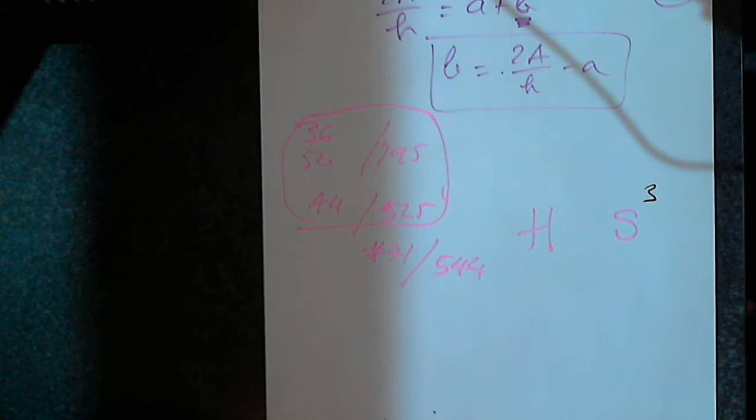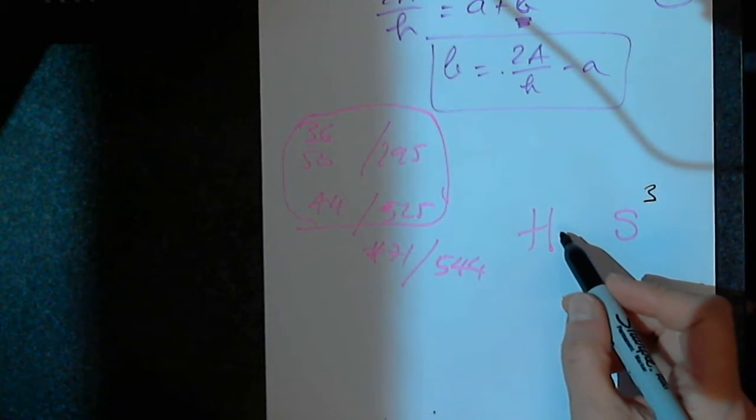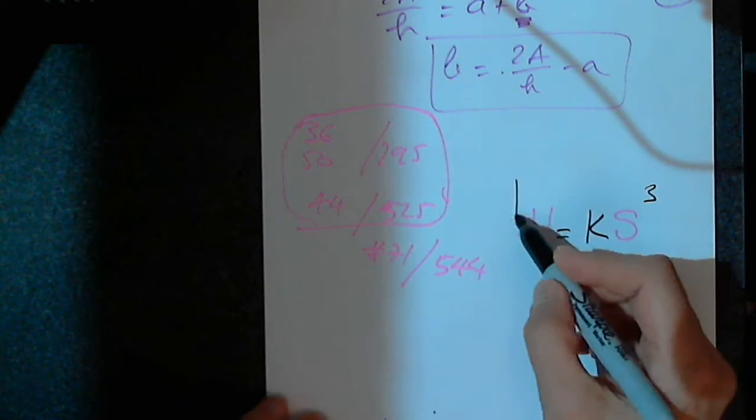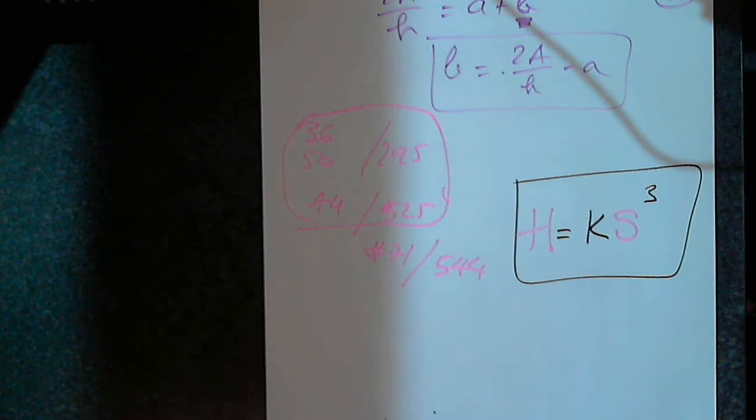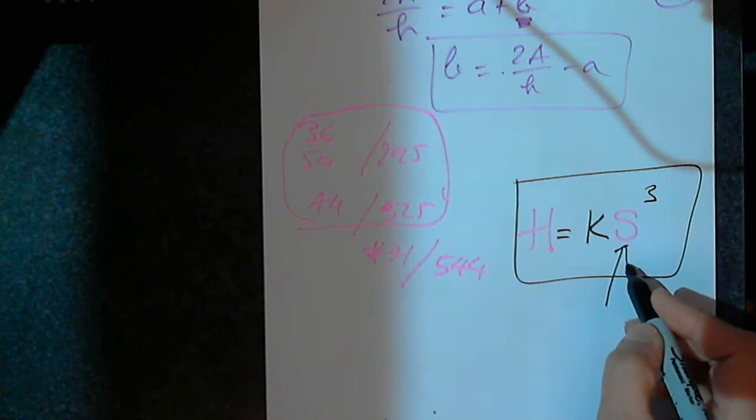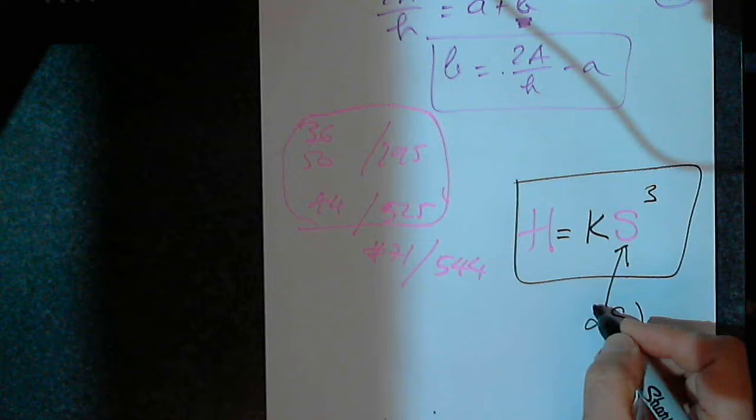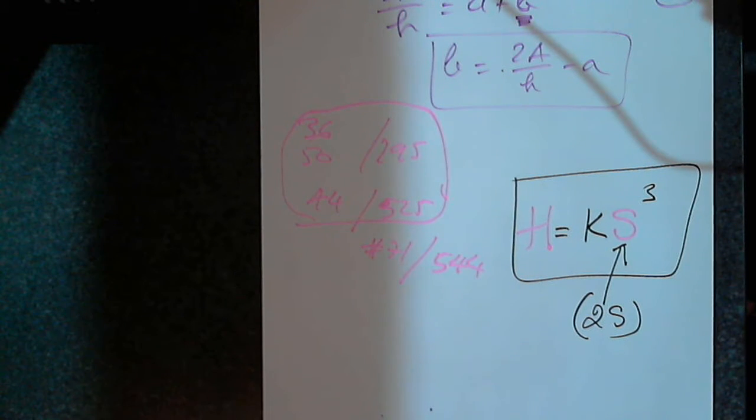Very good. So would that be H equals K S cubed? Excellent. And now I can read on. If the speed of the boat is to double, so instead of the speed, I have twice the speed, determine the corresponding increase in horsepower.